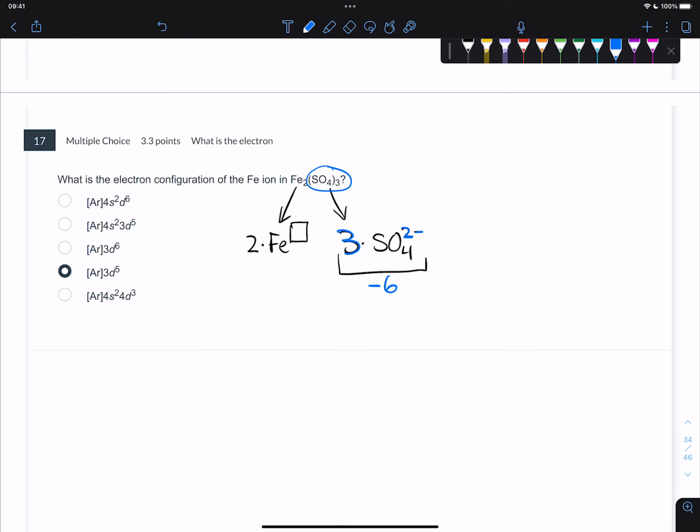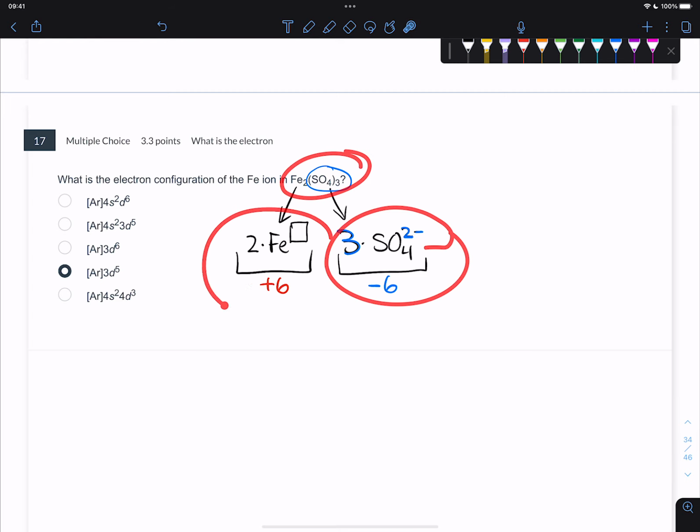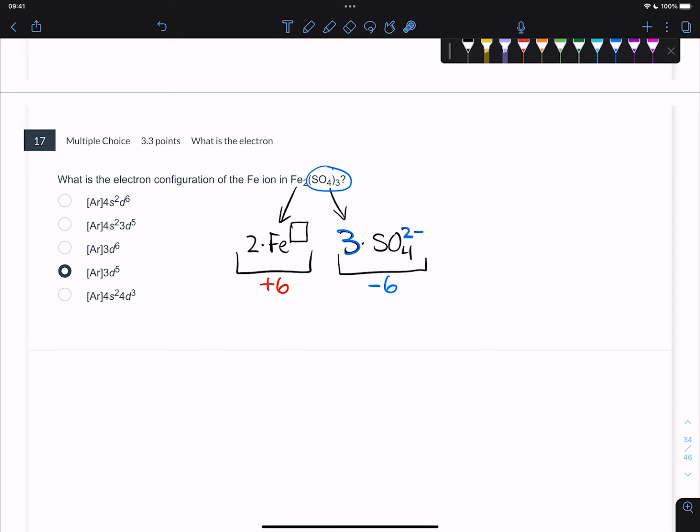So it's going to be -6 for the anion side. That means that if you flip it, there's got to be plus 6 charge on the iron side, because remember, overall this is neutral. If there is a +6 shared between 2 iron, that means that every iron is a +3.